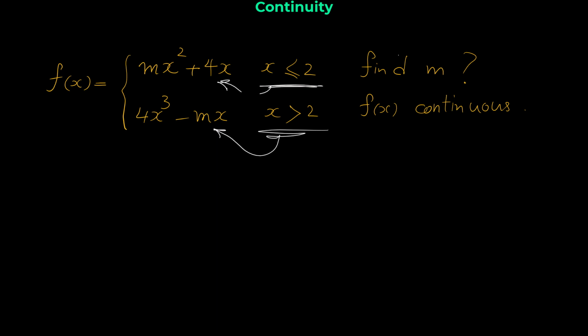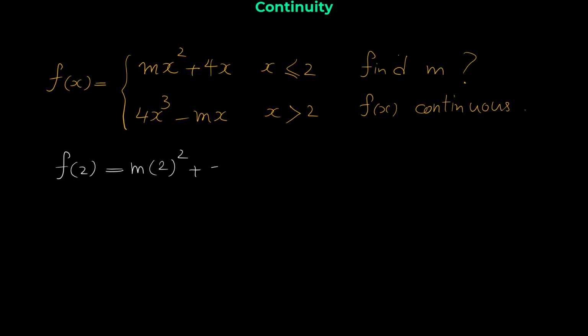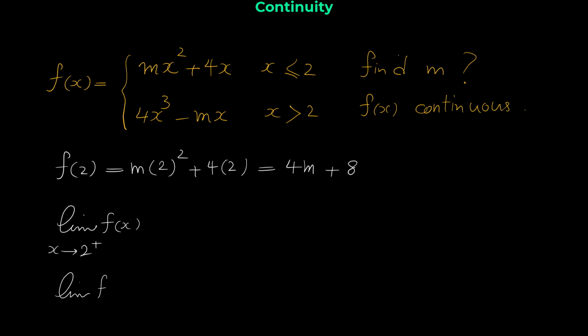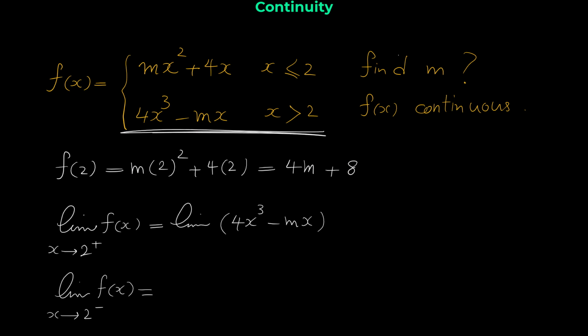Similar to the previous questions, we start with f of 2. F of 2 is m times 2 to the power of 2 plus 4 times 2, which is 4m plus 8. But we know that for continuity, we have to find right and left limits. For finding the right limit, we have to use the second rule, because x approaches 2 from the right, x is greater than 2.